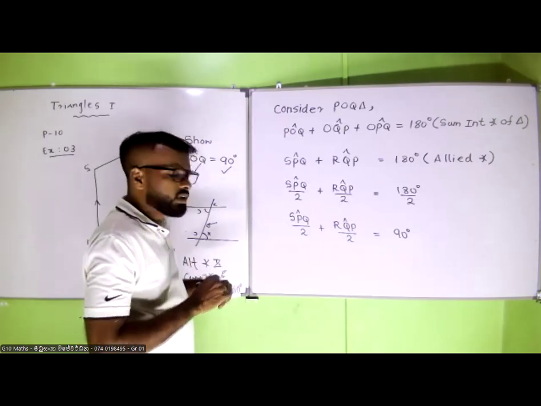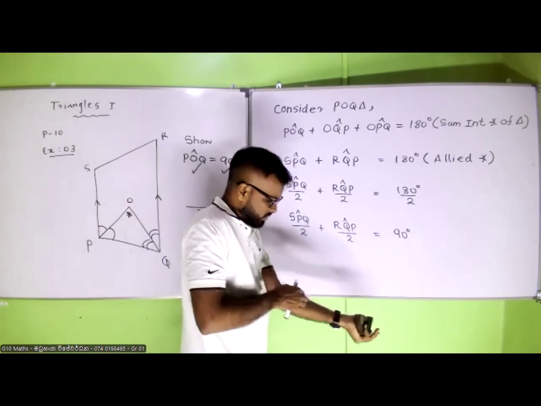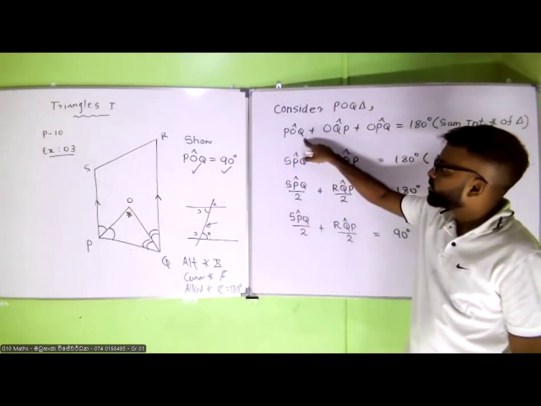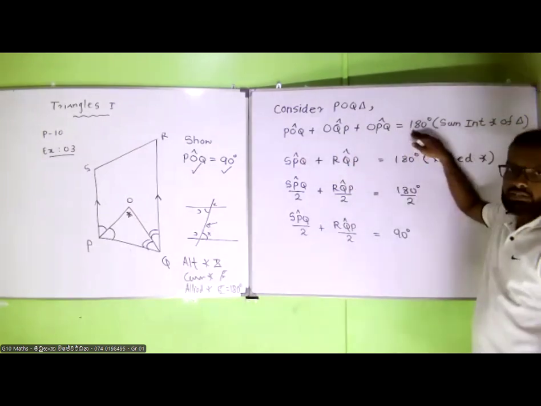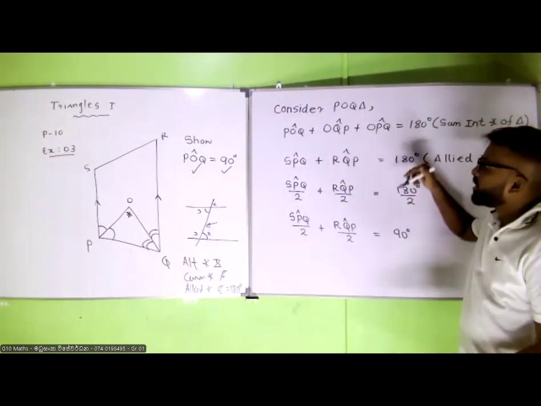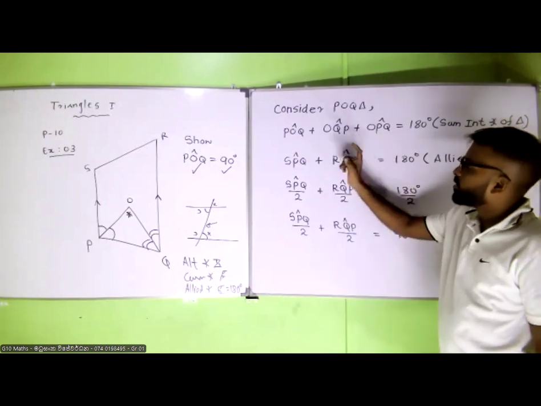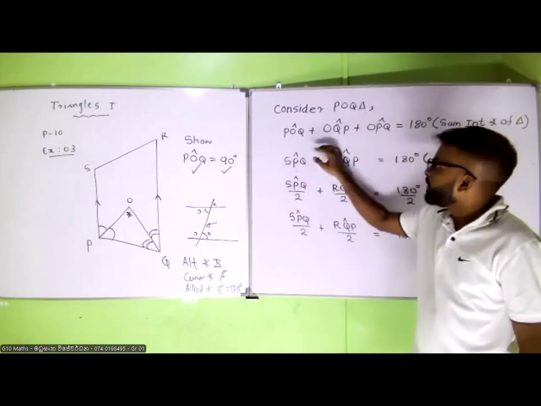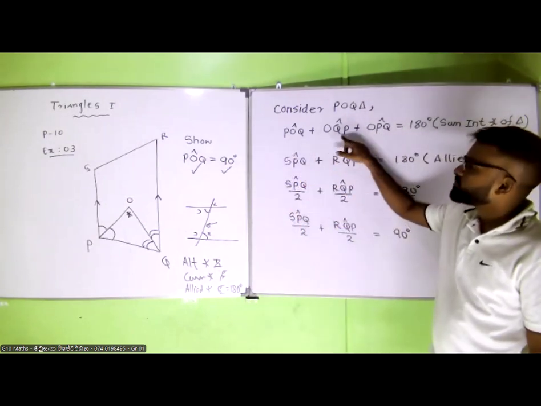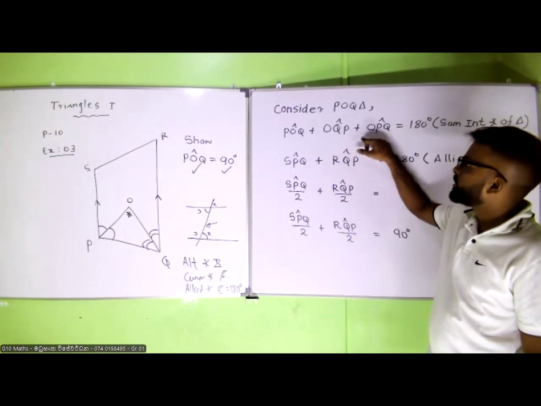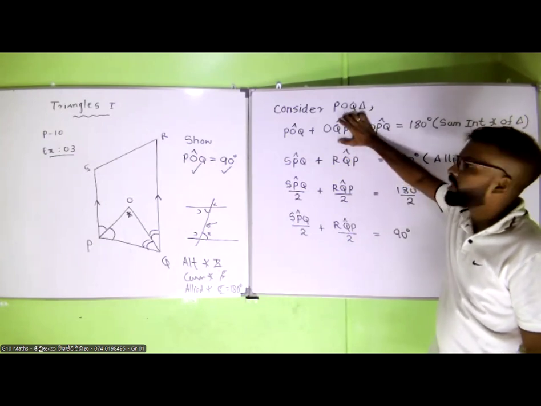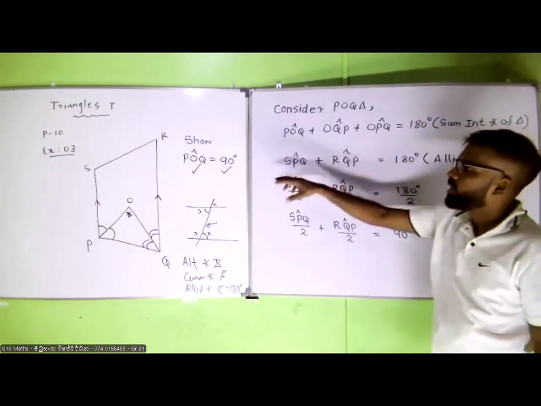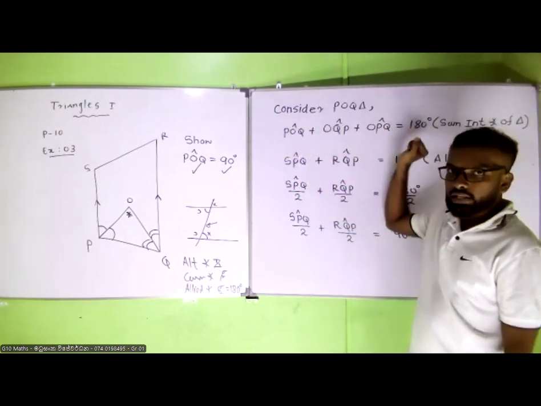Now think of something like this. So now here we have POQ, and in our right hand side we have 180. We want to say POQ equals 90. If these two become 90 degrees and we take it to this side and subtract, 180 minus 90, this becomes POQ equals 90.